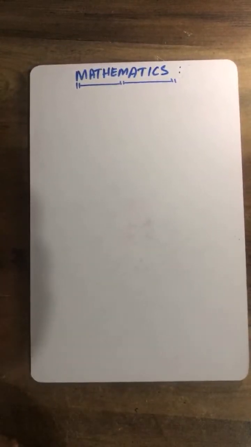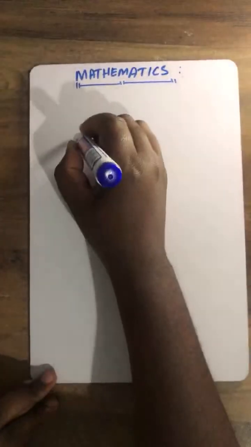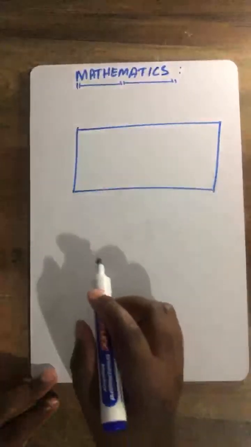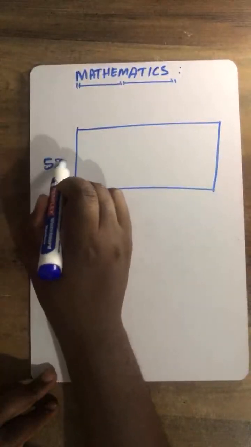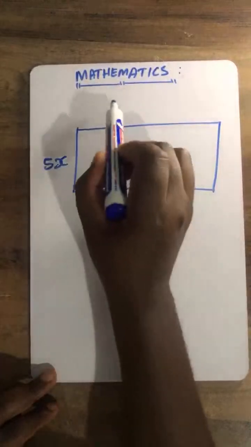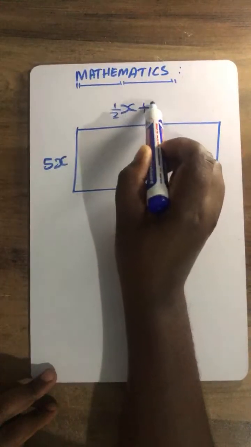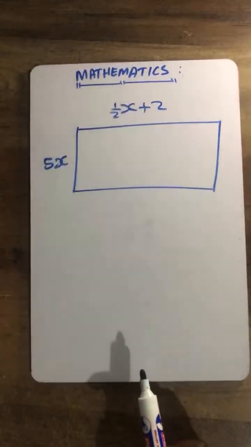how it could come in exam. We're not going to do this one, but I just want to give you guys an idea of what you might expect. So if they want, they can give you this in a form like that. They can say this is the length, and that is half x plus 2. Can you guys see?